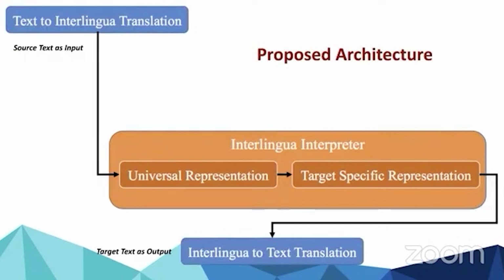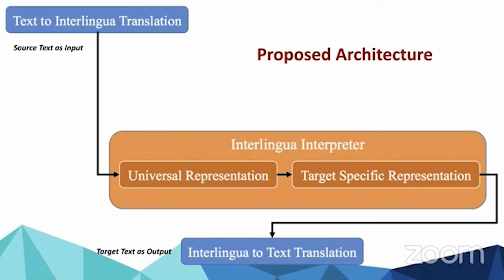The idea is that we go from a source language, which can be Hindi or Kannada or any Indian language, to a universal feature representation motivated by the linguistic features in the Panini framework, and from there we go to the target language.